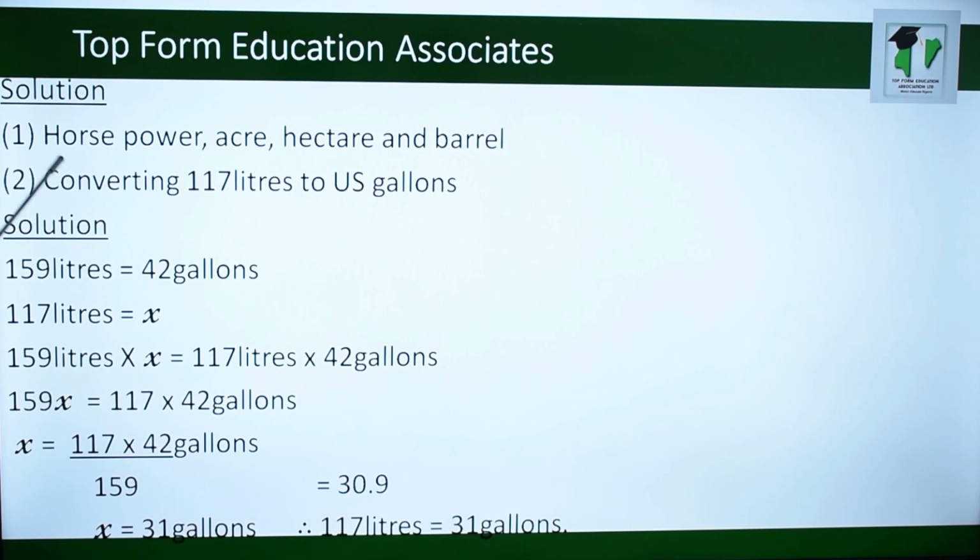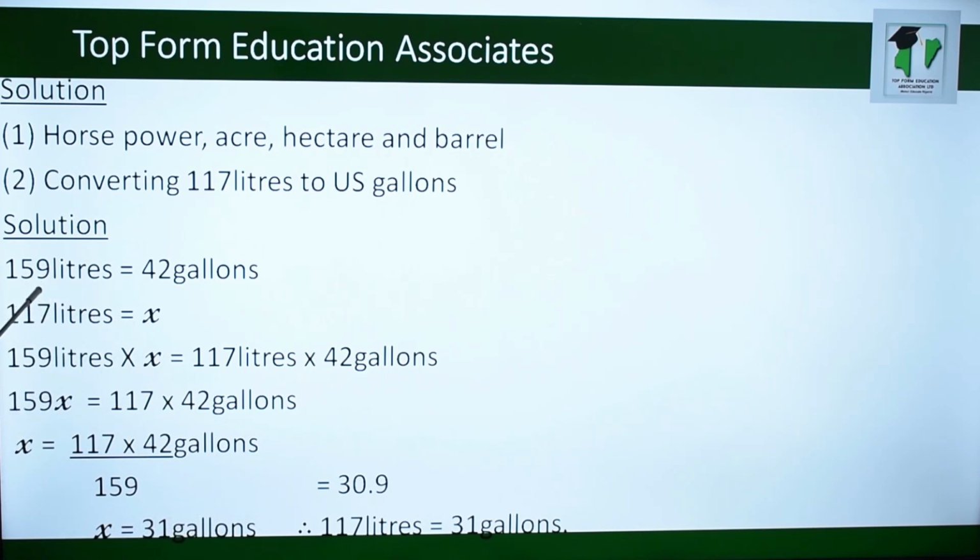We have the following units: horsepower, acre, hectare, and barrel. These are the units used in industries. Number 2, you are asked to convert 117 liters to US gallons.